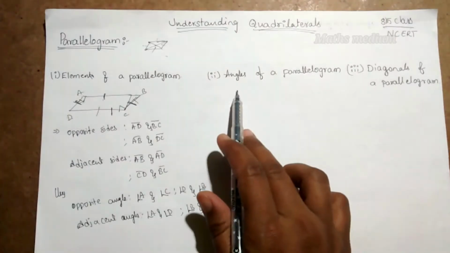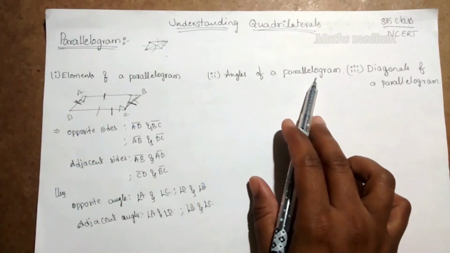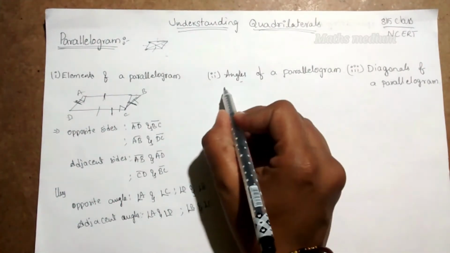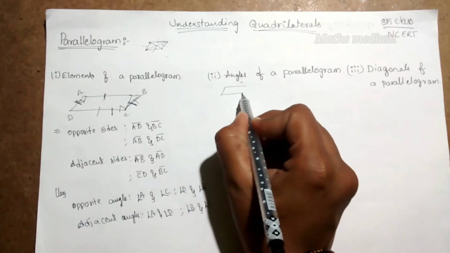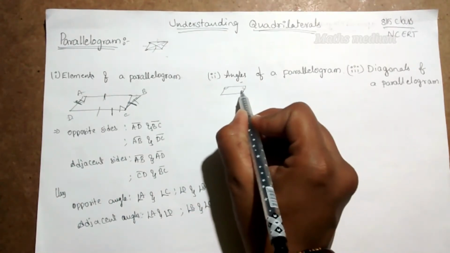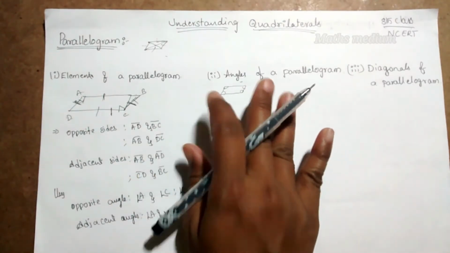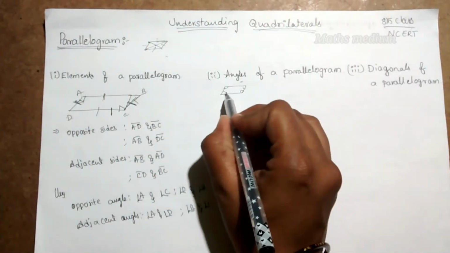Now, angles of a parallelogram. Here we have to know about the angles of a parallelogram. If you take a parallelogram here, we have four angles, right? So apart from sides, we are only studying about the angles here.